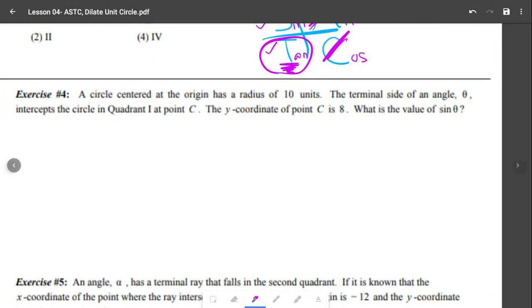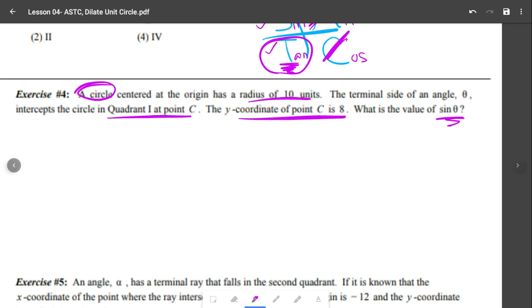Exercise 4. A circle centered at the origin has a radius of 10 units. The terminal side of an angle theta intercepts the circle in quadrant 1 at point C. The y-coordinate of point C is 8. What is the value of sine theta? Now, here's where we start to be a little bit different than how we were doing lesson 3.